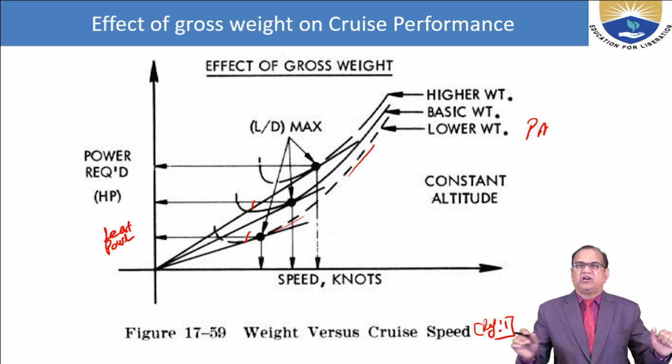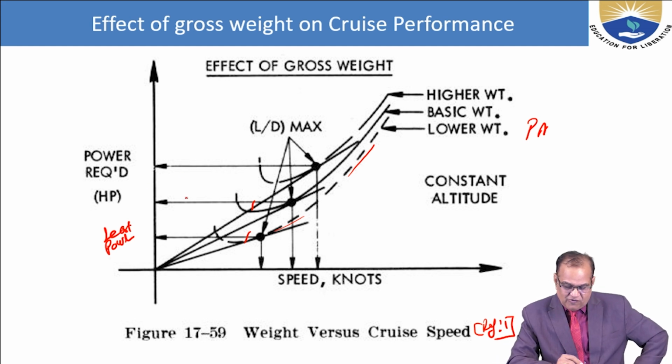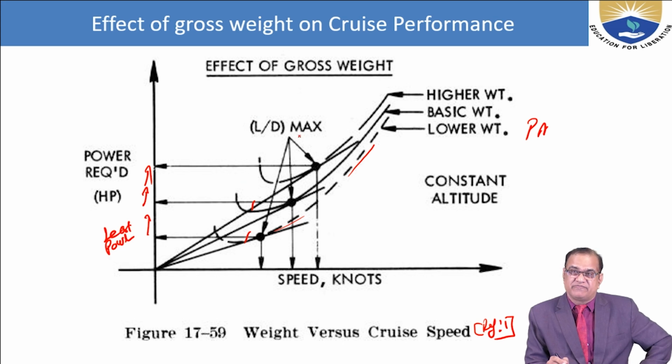So this is the plot, and you can see as your weight is increasing, power required is also increasing, and it is a huge increase there at L by D ratio maximum.